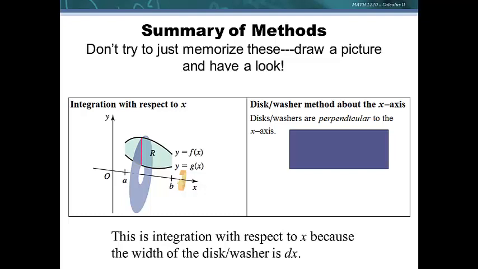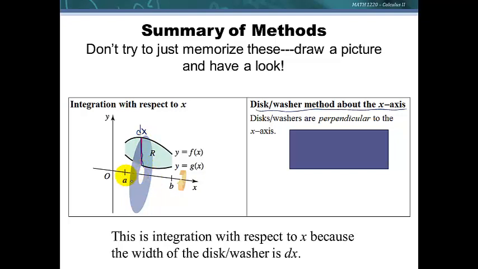And again, it's important to not try and just memorize formulas, but draw a picture and look at it to see what you've got. So first of all, we're going to look at the disk method or washer method about the x-axis. If we're rotating around the x-axis, we have these little disks generated, and our little representative slice will have a little thickness dx here. Then we're looking at the picture and we see we have a big radius minus the radius of the hole.